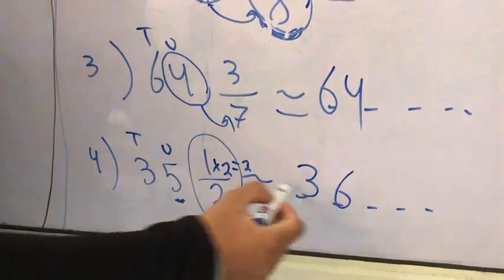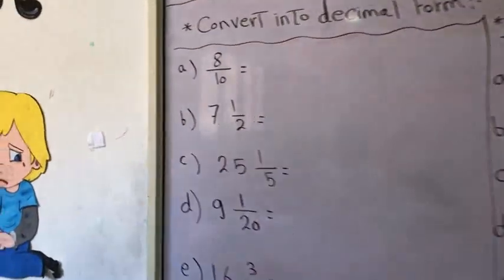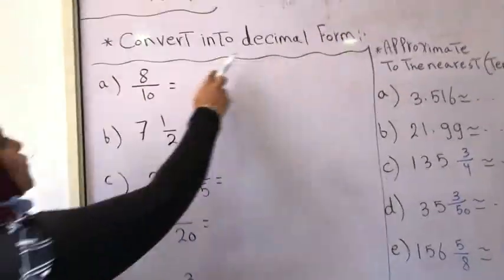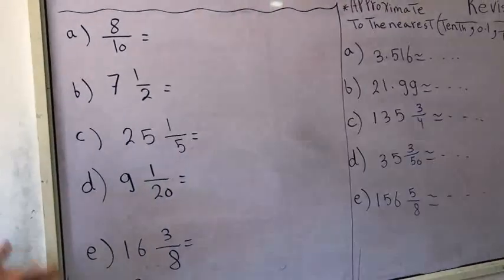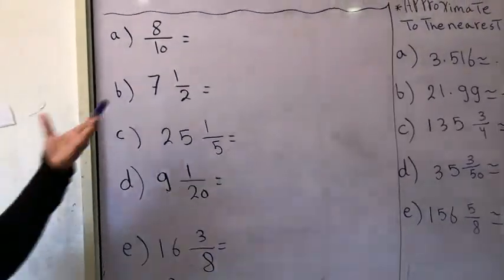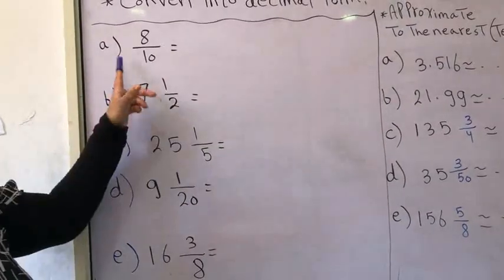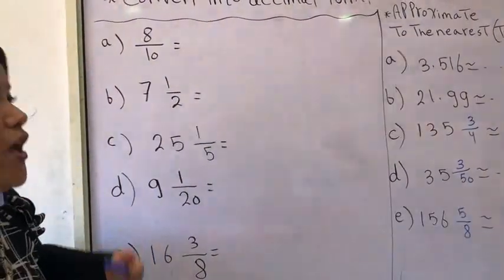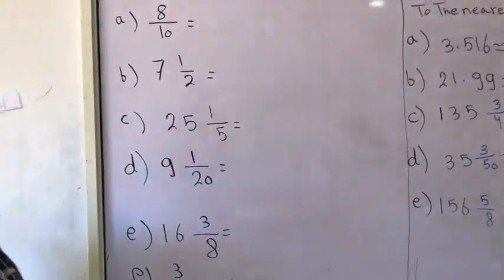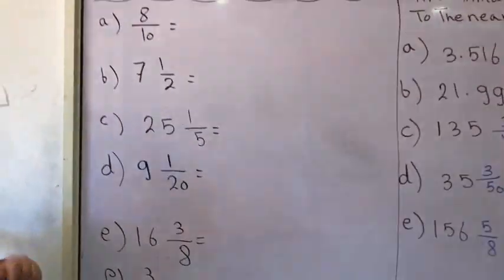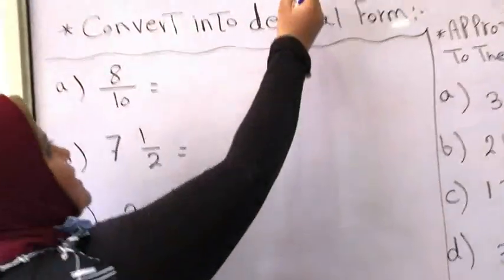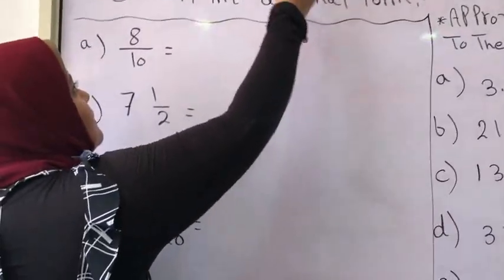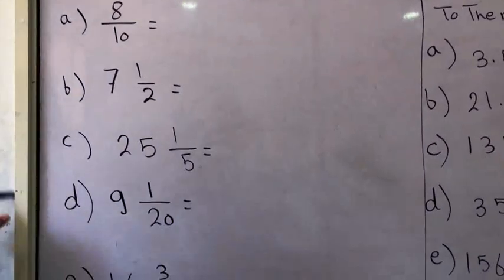And 3, bring down. So I have a new point here: to convert into decimal form. What decimal form? Remember, I have a fraction and I want from it to... Okay, Junior 5.